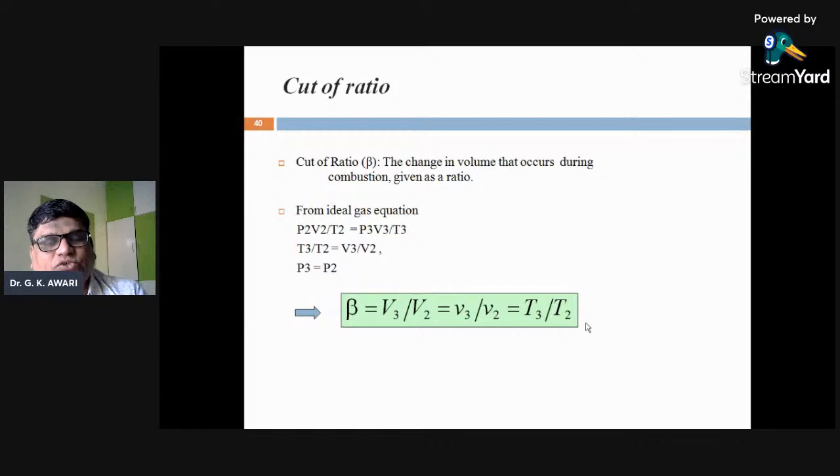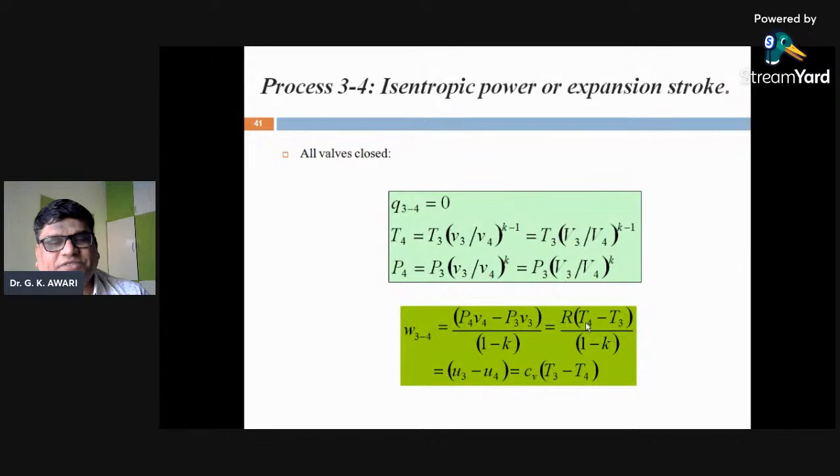So when P3 is equal to P2, the temperature ratio T3 divided by T2 is equal to V3 divided by V2. Therefore, the cutoff ratio beta is nothing but V3 divided by V2 is equal to v3 divided by v2 is equal to T3 divided by T2. This is called the cutoff ratio of a CI engine.